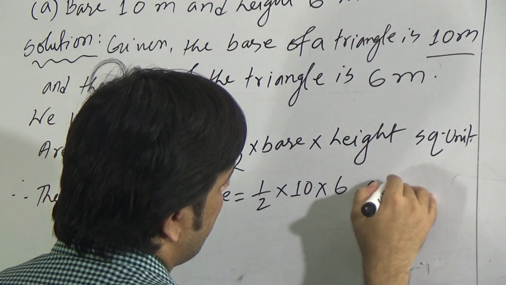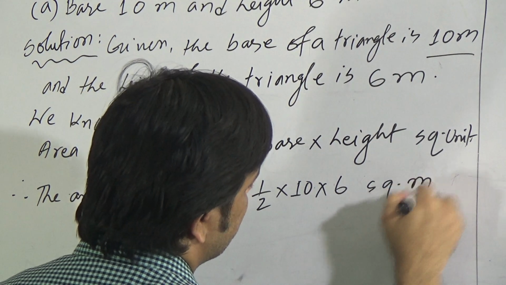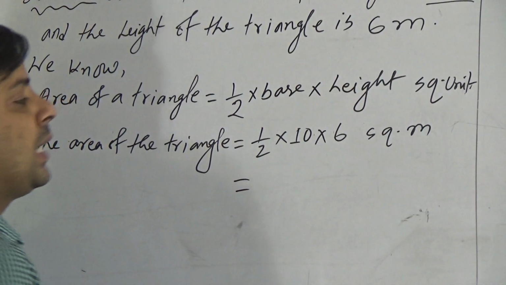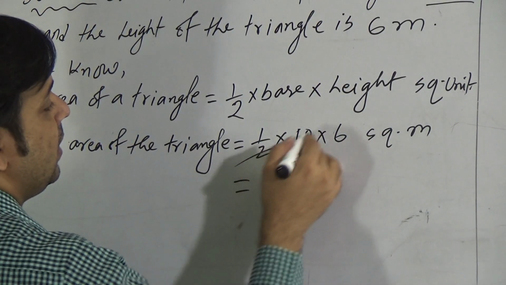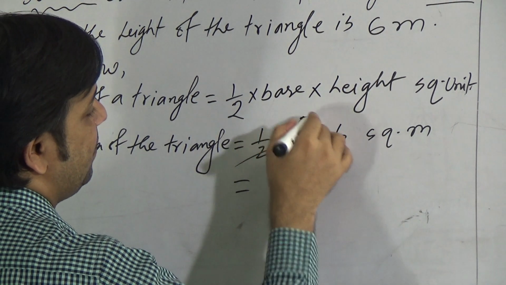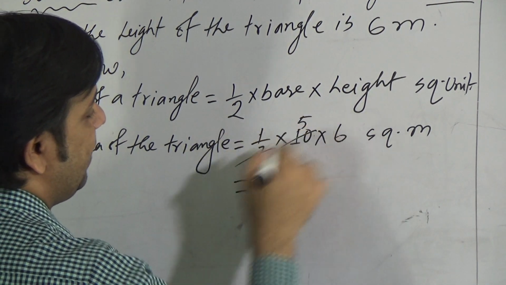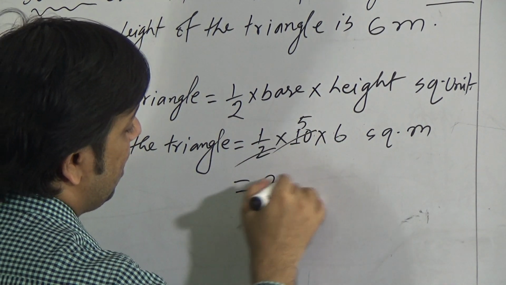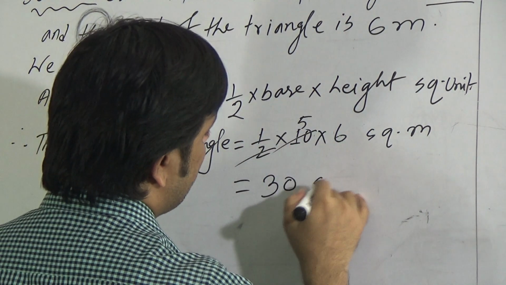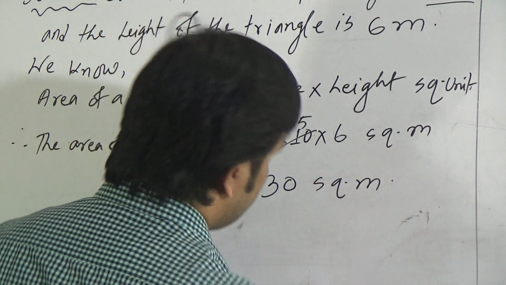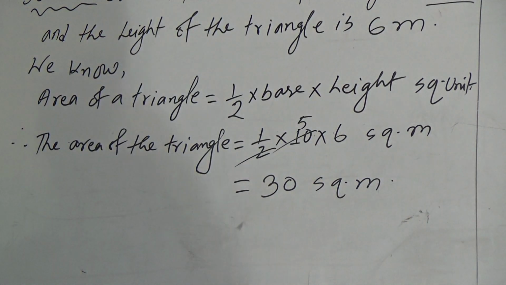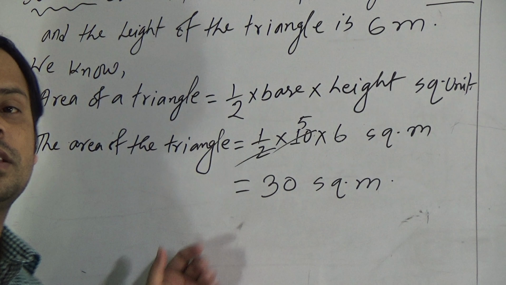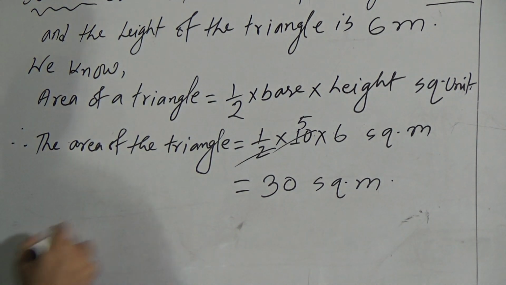We can write square unit here, unit is meter, that is square meter. So, we can calculate here, we can cut 10 by 2, we will get here 5. So, we can multiply 5 and 6, we will get 5 sixes are 30. So, this will be 30 square meter. So, we can write therefore the area of the triangle is 30 square meter.